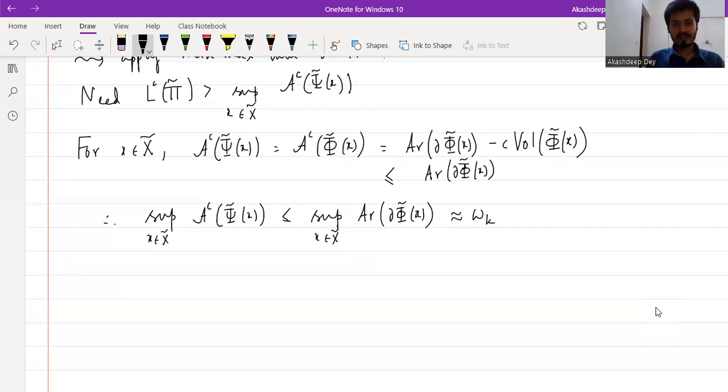So sup over x in x tilde of A_C psi tilde x is approximately equal to omega k, and therefore it is enough to show that L_C of Phi tilde is greater than omega k.